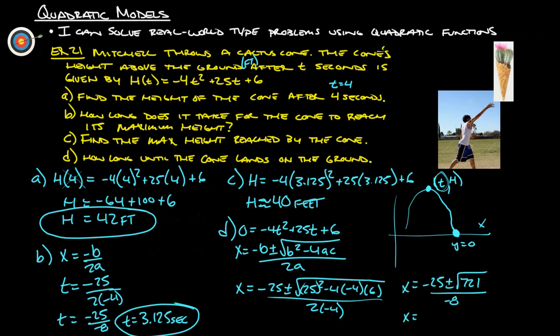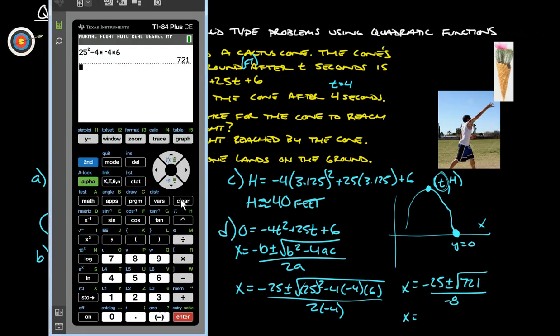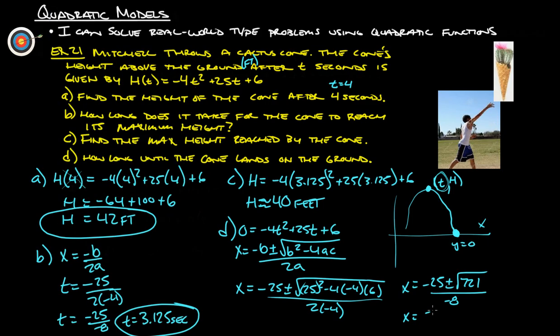Okay, so if we figure those out, let's do square root of 721. And we get 26.85, we'll call it. So negative 25 plus or minus 26.85 all over negative 8, right?